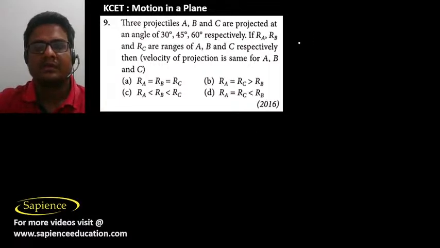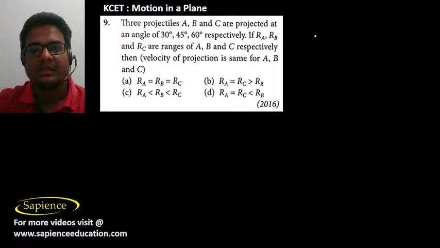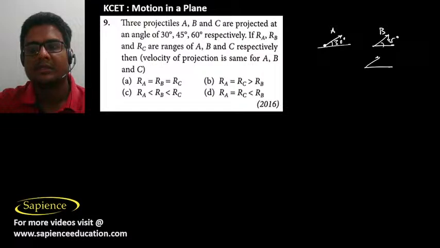Then it is told that three projectiles A, B and C are projected. A is projected at an angle of 30 degree, B is projected at an angle of 45 degree, and C is projected at an angle of 60 degree.